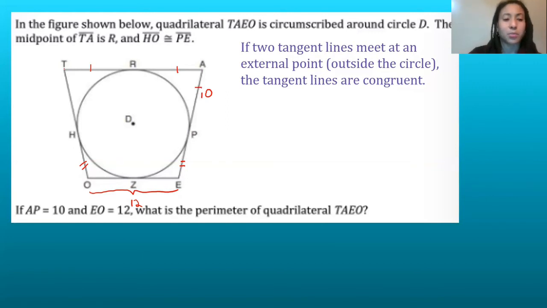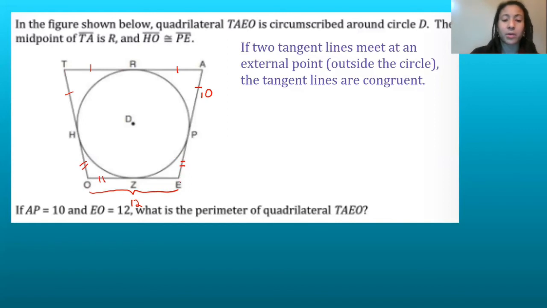If I look at external point T, TR will be congruent to TH. So we have the same markings. If I have external point O, then HO will be congruent to ZO.